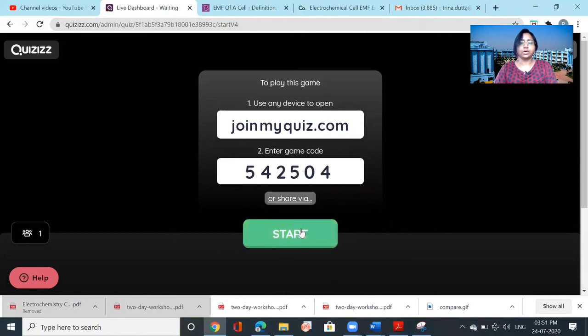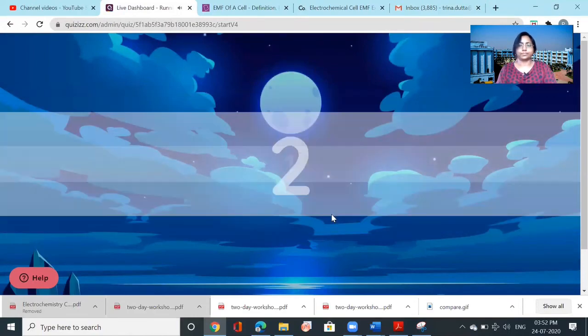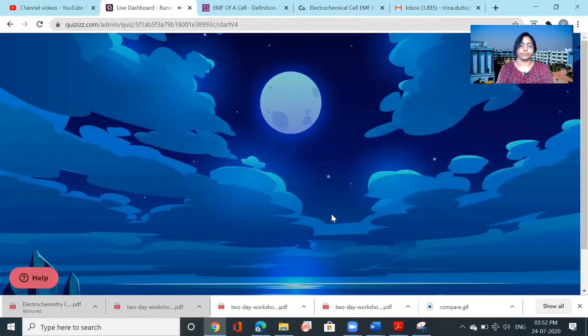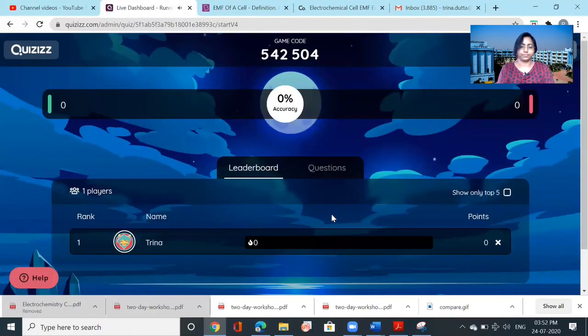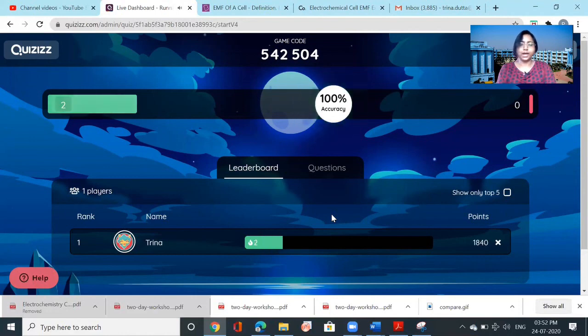When you click start on the game, then here you will get the green signal. For an accurate answer, your score will be increased. So here there is only one player, myself, so only I am getting the score.